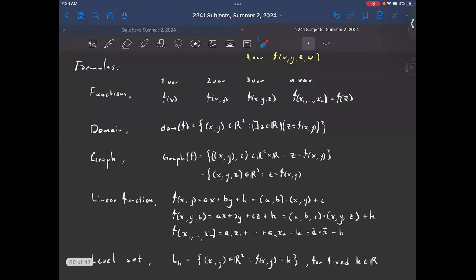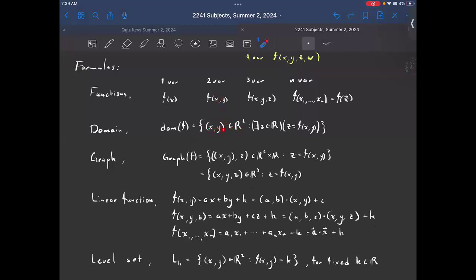All right, so next we have the domain, and I've written some of these in more mathematical notation, and I'll explain how this is supposed to be read. The domain of a function in 1, 2, 3, 4, or 5, or 17 variables or whatever is the set of all inputs. So this is for a function of two variables.